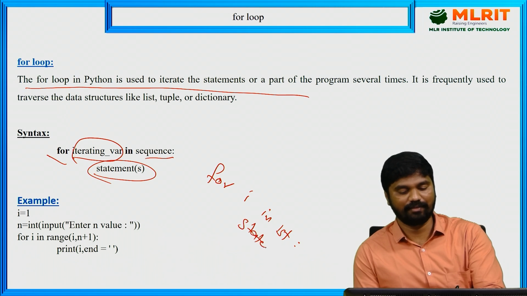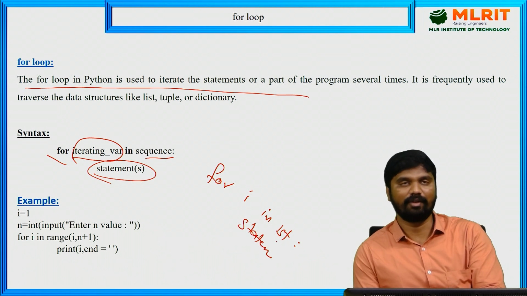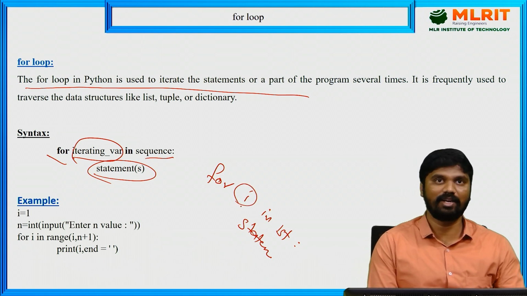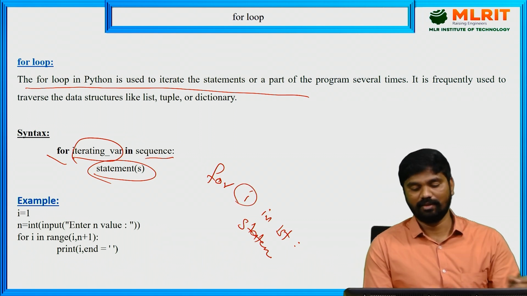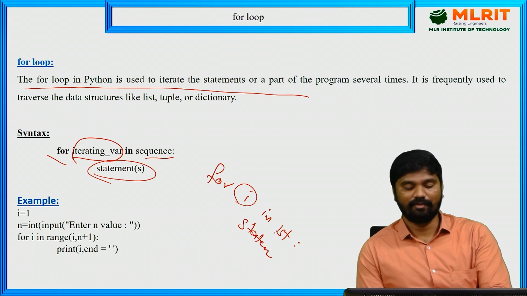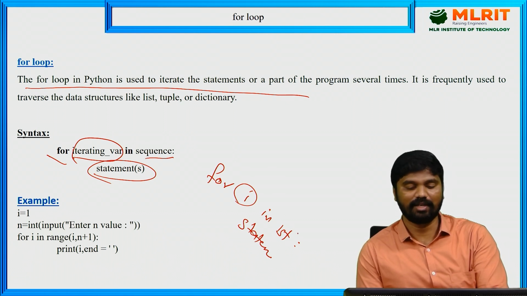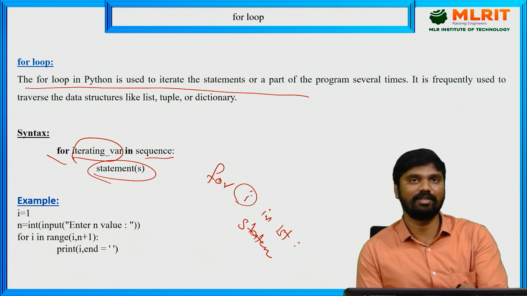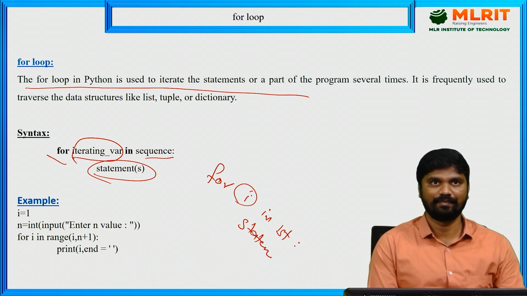That means every element present in the sequence will be assigned to the iterative variable I. Once again, each element present in the sequence is assigned to variable I.